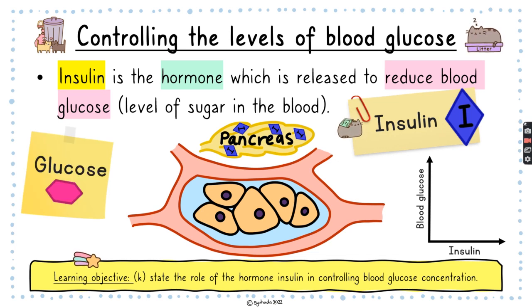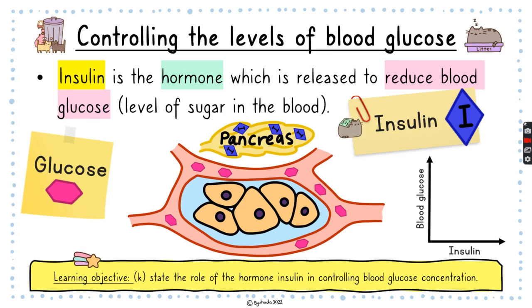I have labeled here a diamond shape, and the shape has an eye, and that refers to insulin. And glucose, you know the shape is kind of like this, I think that's called a hexagon, and I colored it pink. Inside your blood, especially after having a meal rich in carbohydrate, you're going to have a lot of glucose in your blood.